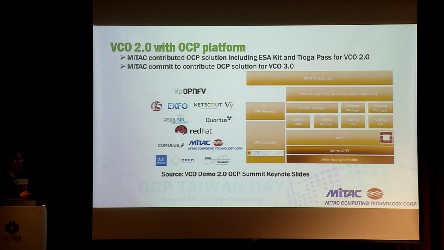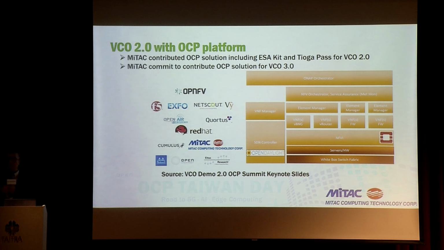And VCO 3.0 is coming. There will be a VCO 3.0 demonstration this September. We will see more features, and also Kubernetes with workload balance optimization implemented for VCO 3.0. That brings us another topic.